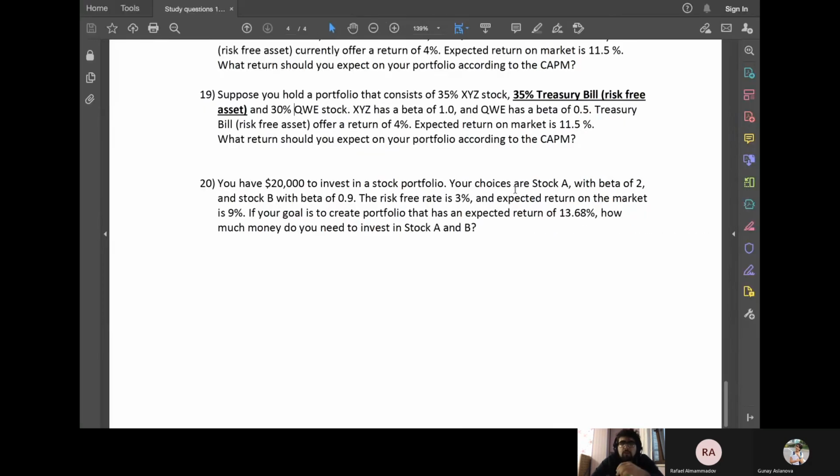Your choices are stock A with a beta of 2 and stock B with a beta of 0.9. Risk-free rate is 3%. Expected return on the market is 9%. Your goal is to create a portfolio that has an expected return of 13.86%. So how much money do you need to invest in stock A and B? We don't have weights actually.